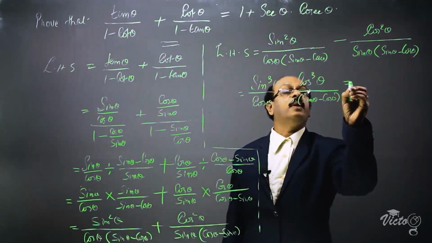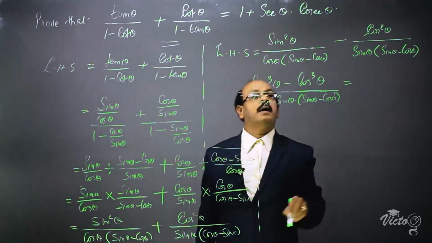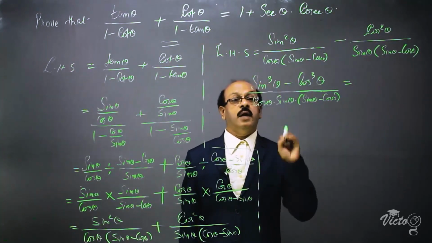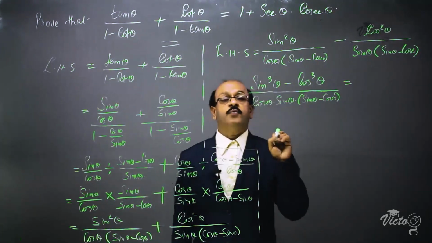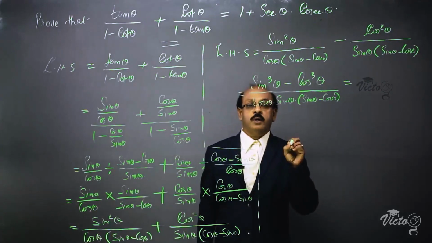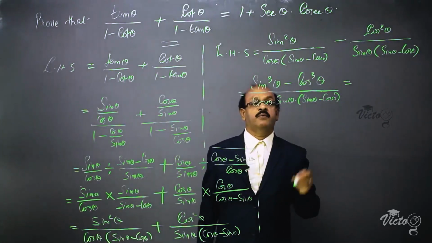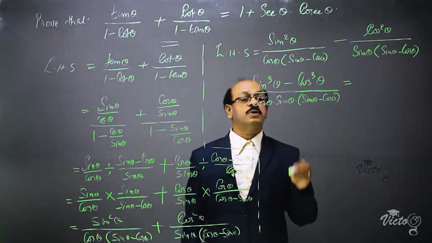Now, you have to remember the identity which you have studied earlier in 9th standard itself. What is that identity? A cube minus b cube. The first factor is a minus b, and the second factor is a square plus b square plus ab. We have to use that identity here for simplifying this.